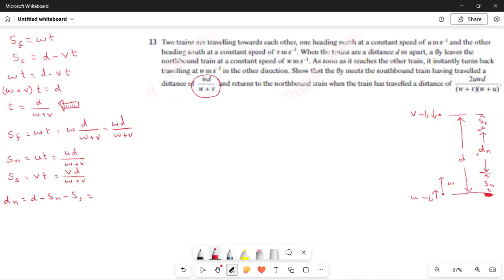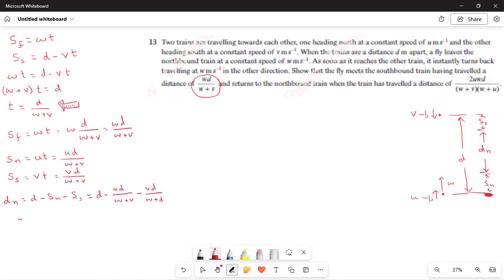If I subtract these distances from d, I will get dN. So dN was d minus ud over w plus v minus vd over w plus v.